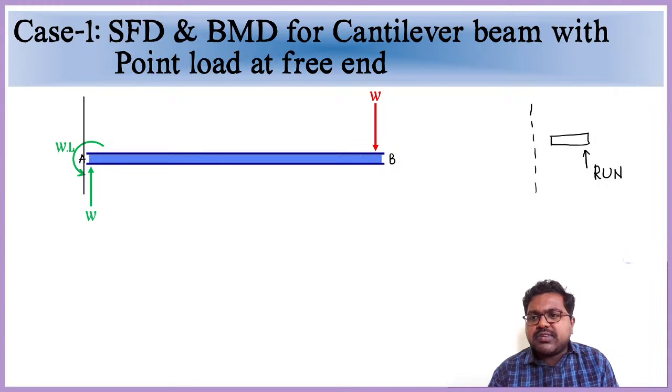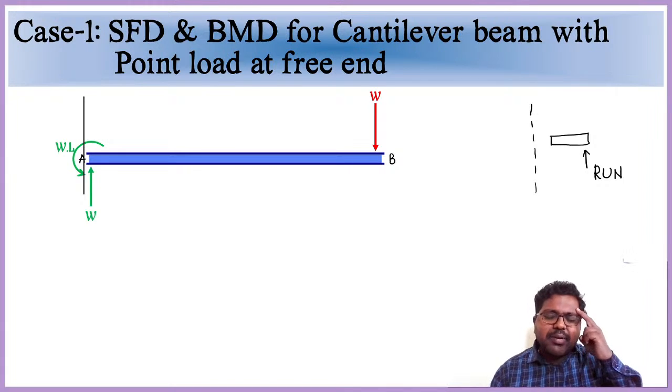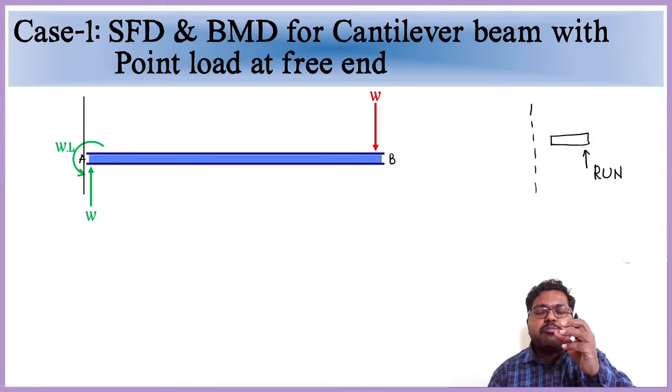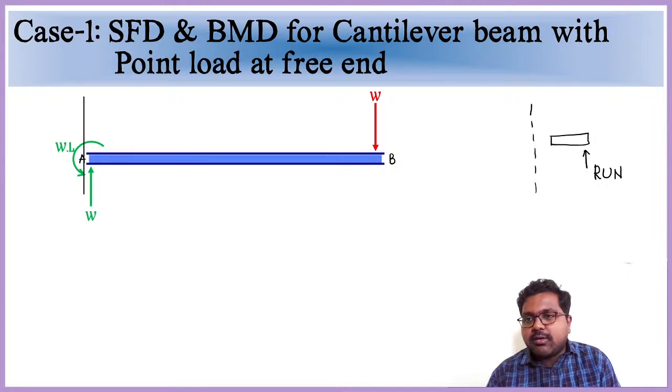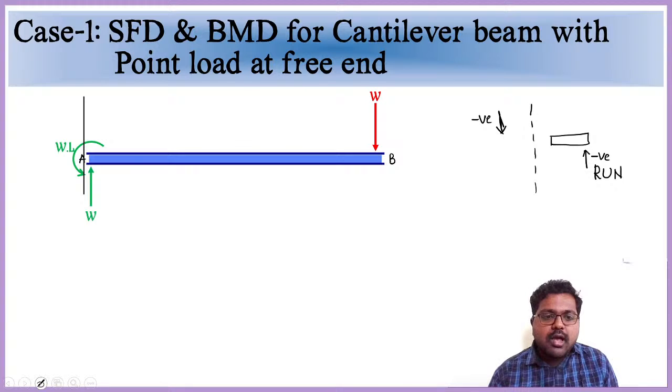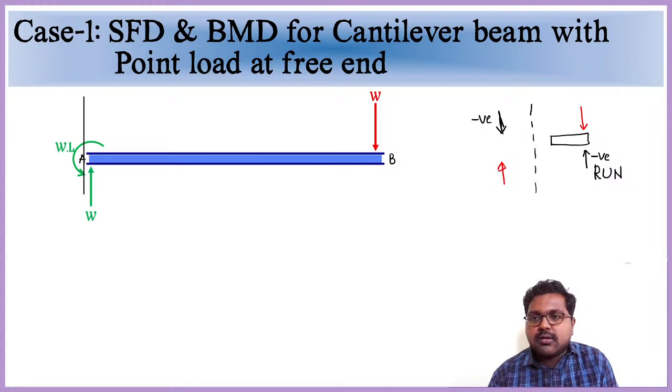The simple terminology which I use to remember this sign convention is RUN. Always I keep it in mind like RUN. Okay, RUN, right upward negative. So at the same time, opposite to this one, which is left downward, is also negative. So these two are a pair. And at the same time, another two opposite to this, that is right downward and left upward, these two are a pair. So these two are positive.